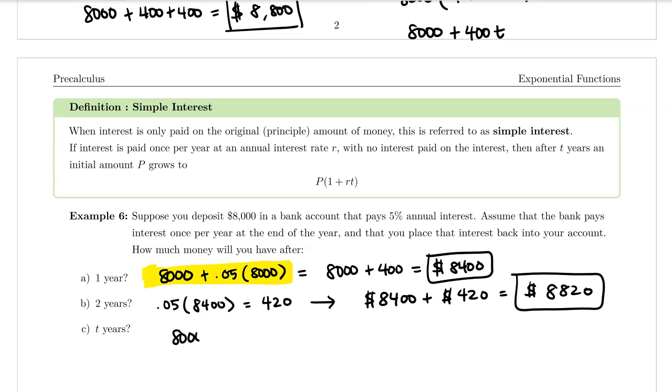So what if I factored 8,000 out of that expression? What would be left? Well, 8,000 divided by 8,000 is 1, and then if I divided that second term by 8,000, I would be left with 0.05. So if I simplified what's inside my parentheses now, this would be 8,000 times 1.05.